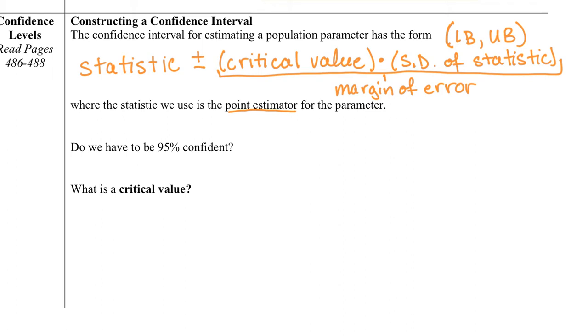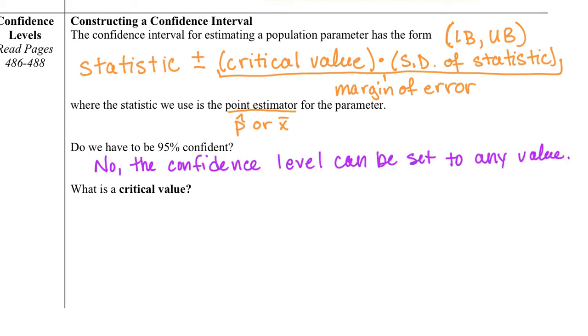Our point estimator is usually going to be either p hat or x bar. Those are the most common, although I have seen problems with means or medians instead. The confidence level could be set to any value. It doesn't have to be 95% confidence, although that is the most common.